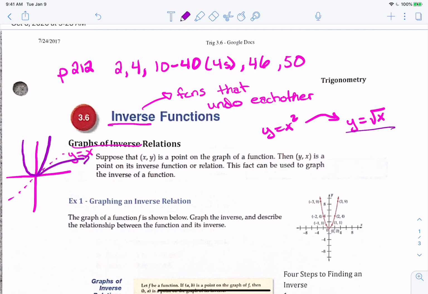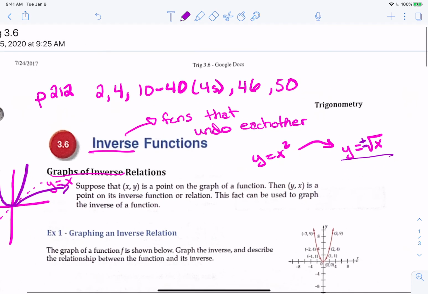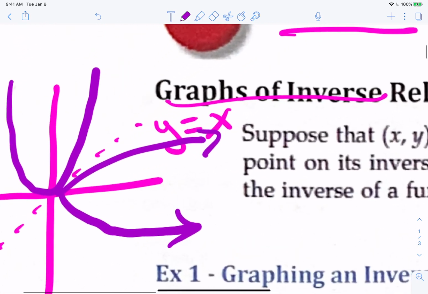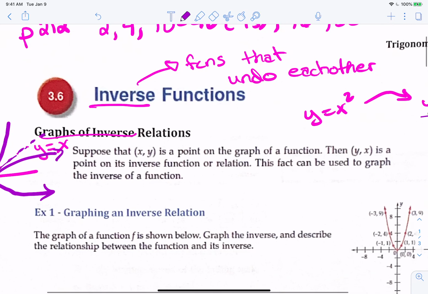Those two aren't technically reflections of each other, but let me show you this. If I do plus and minus the square root of x, it goes down this direction as well, right? Now do you see a parabola that's up and sideways? Now those two things are reflected across this dotted line.